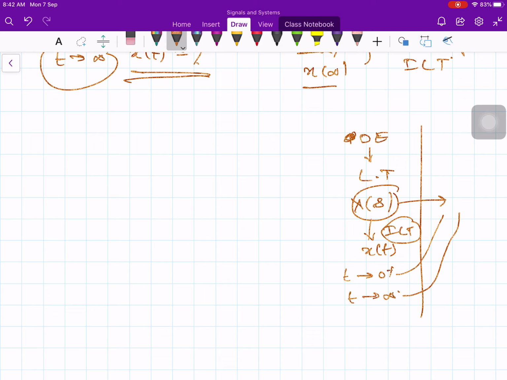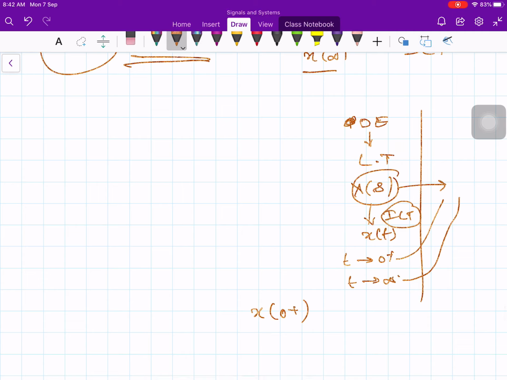We will be interested in finding the initial value of x of t, that is x of 0 plus, and the final value of x of t, that is x of infinity. Now, to find the initial value of x of t, there is a certain condition.